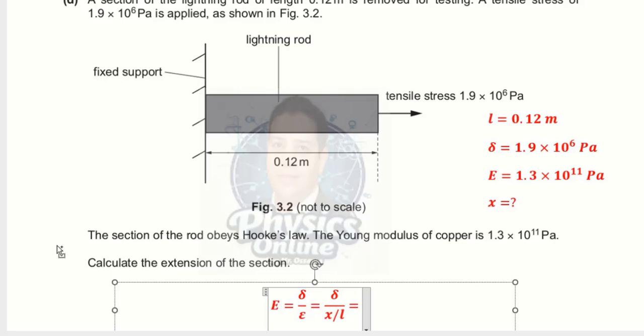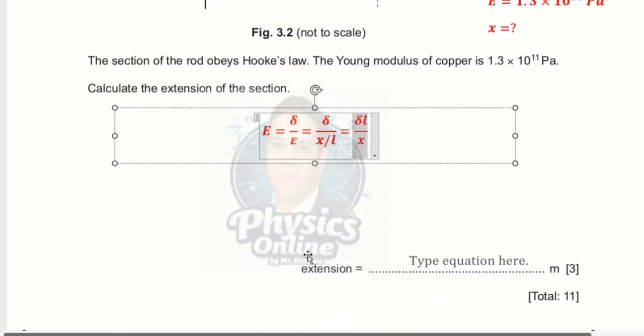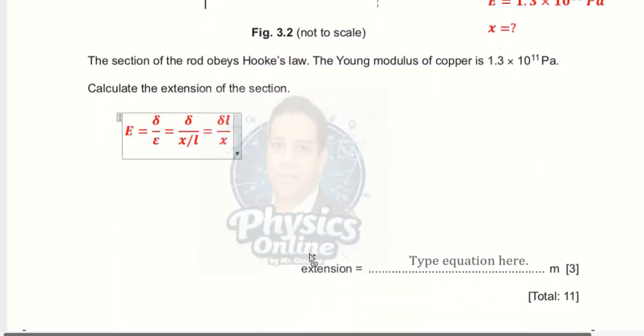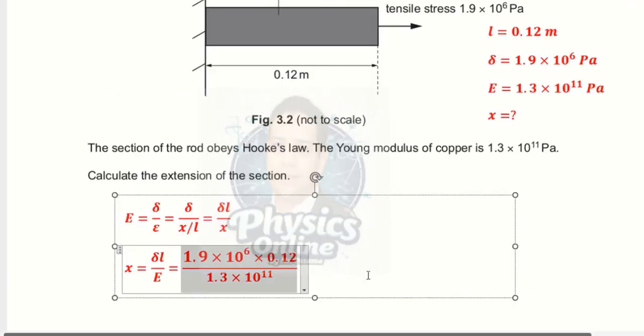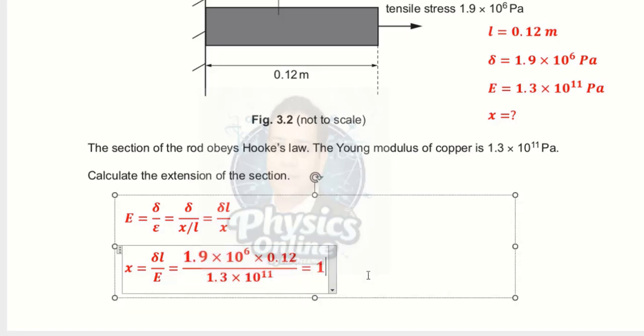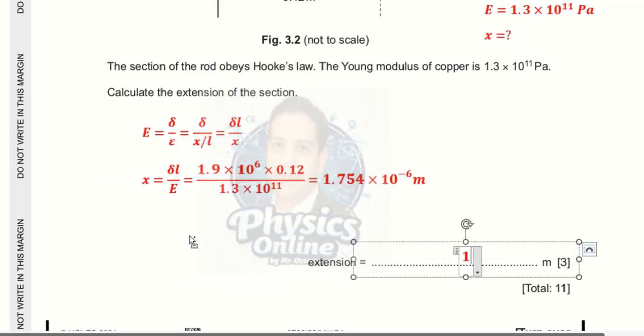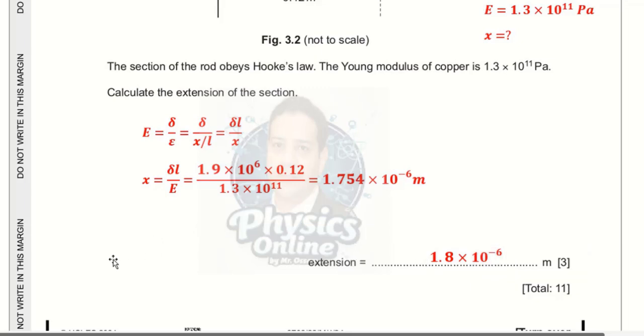So we rearrange the equation to find x. x equals stress times L, which is 1.9 times 10 power 6 times the length 0.12, divided by Young modulus 1.3 times 10 power 11, which equals 1.754 times 10 power negative 6 meter, or 1.8 times 10 power negative 6 meter.